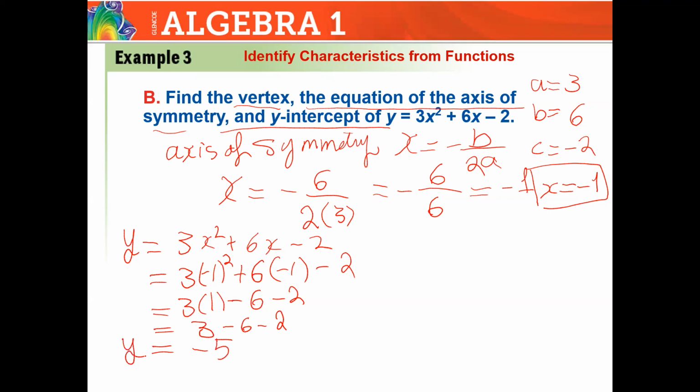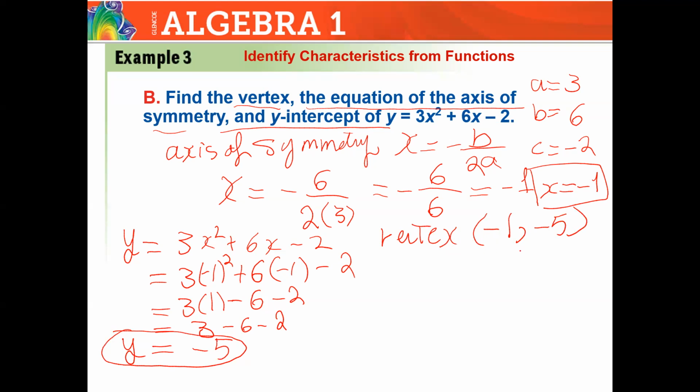So I have y equal -5. Please put it in a circle or oval or a square like that. Okay, so I have the x and the y. So the coordinates of the vertex are -1 and -5.